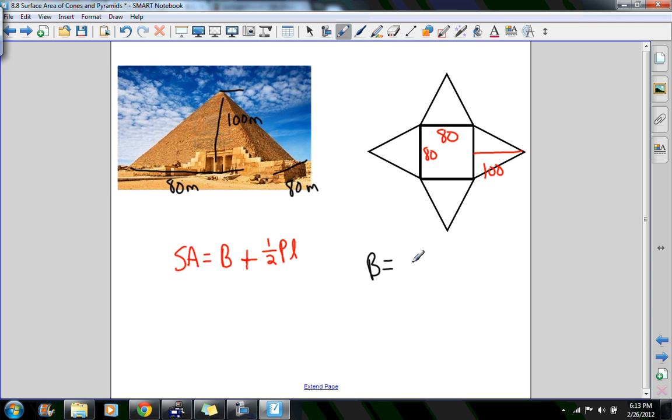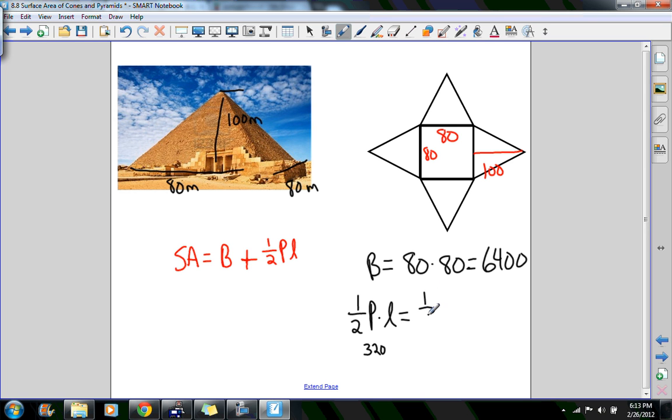That's a rectangle, so it's going to be 80 times 80, which is 6,400. And then we're going to do 1/2 times perimeter times the lateral height. Well, the perimeter is 80 plus 80 plus 80 plus 80, which is going to be 320, sorry.